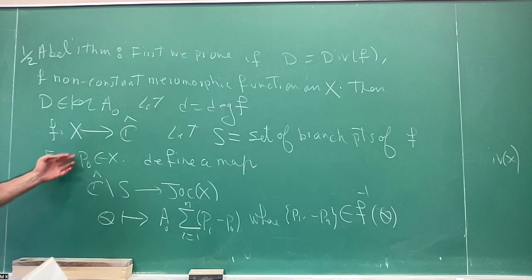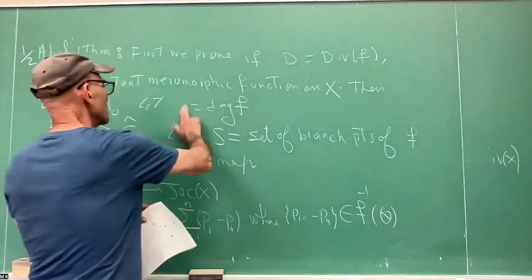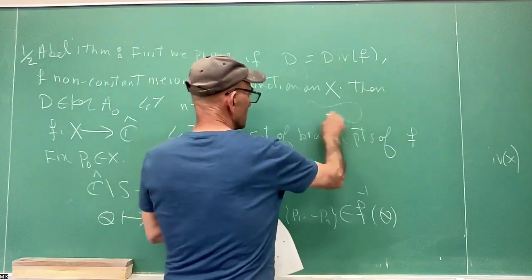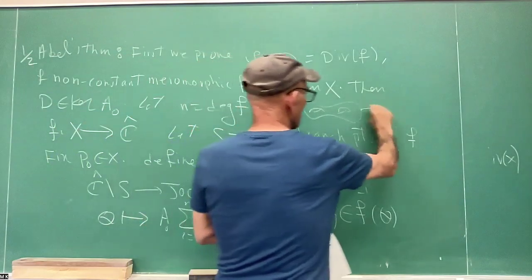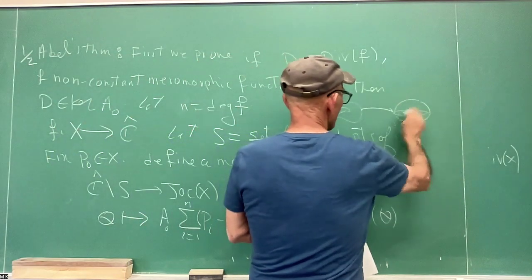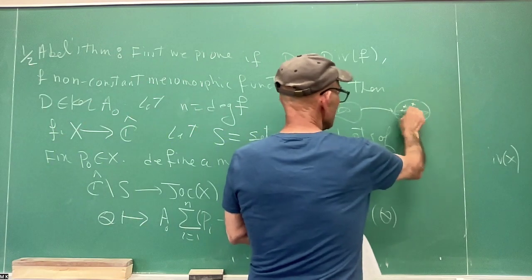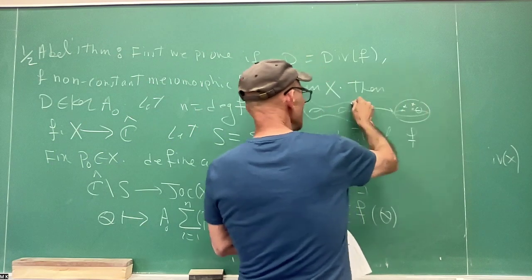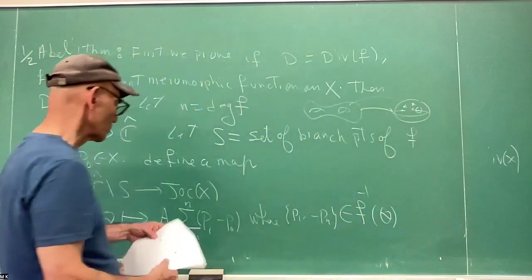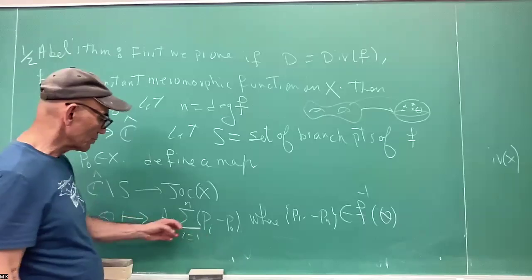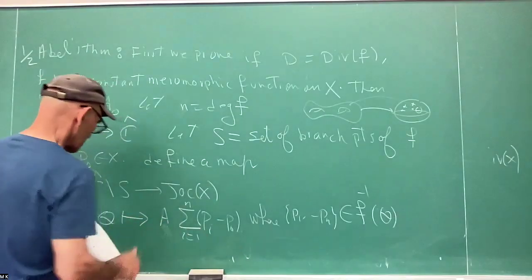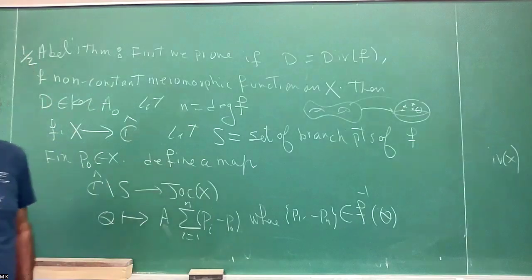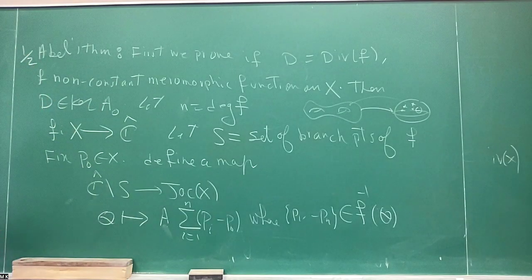For any point Q outside the branch points, the inverse image is exactly n points. We call those points Pi, and you just send Q to this point in the Jacobian.